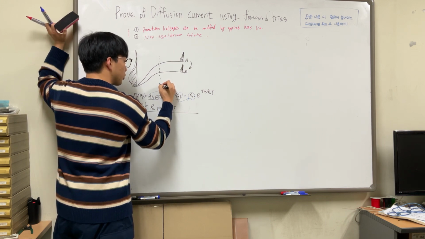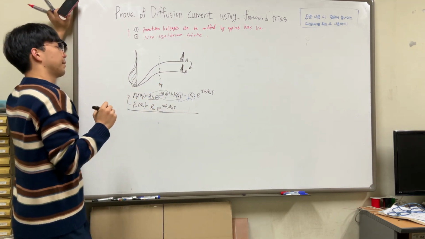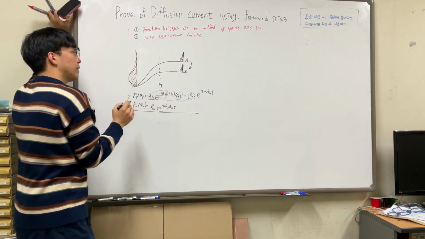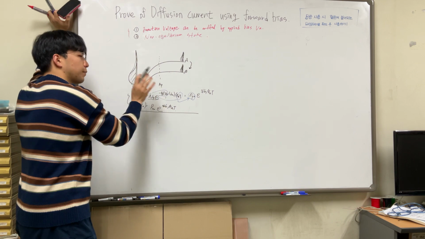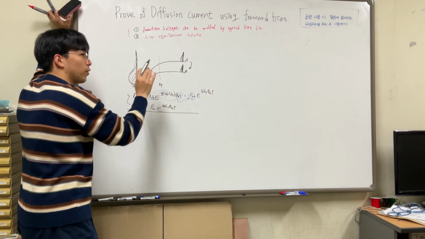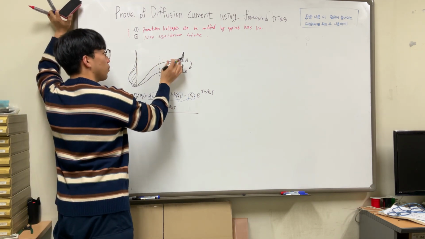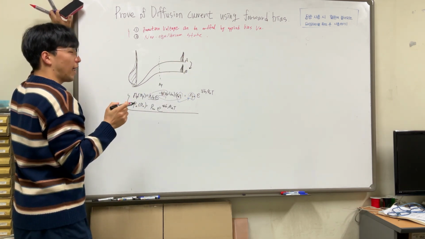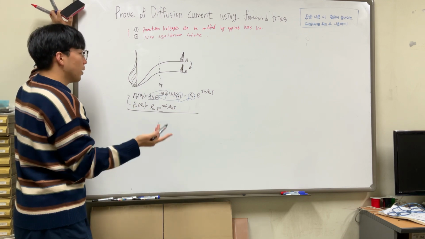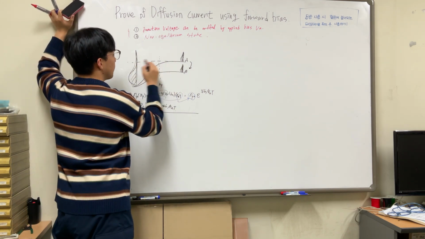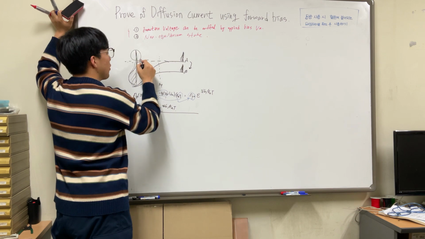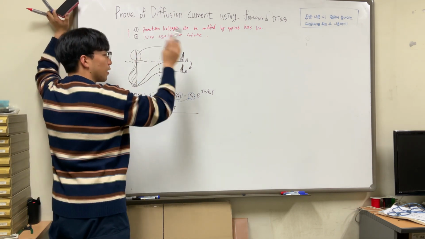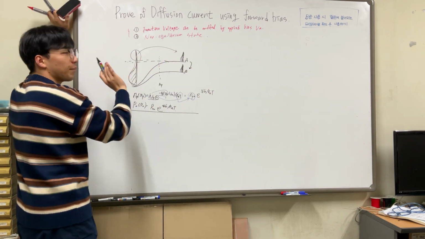In this part, we will assume here is xp. At first, in graph A, the Boltzmann tail at xp will be a little bit larger than at the end of graph A, because in graph A only this part of the Boltzmann tail can easily move into the p-type semiconductor.